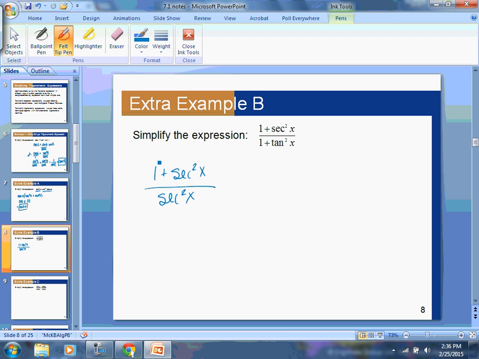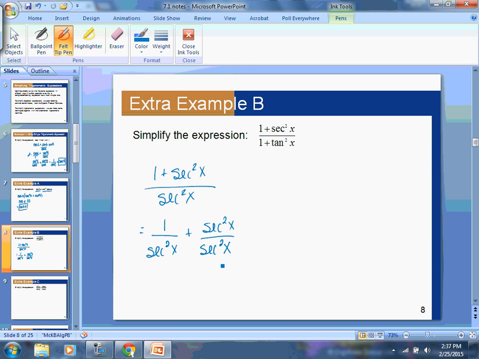Now remember, when you're adding fractions, you can write it like this, or you can break it apart so that you have 1 over secant squared x and then secant squared x over secant squared x. So you can give each part of the numerator its own denominator.